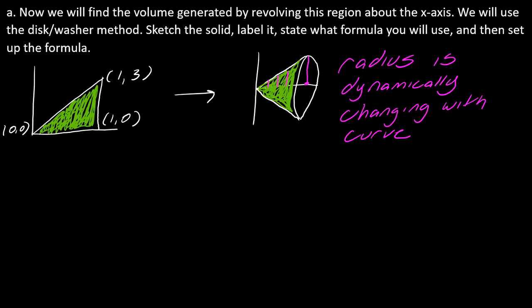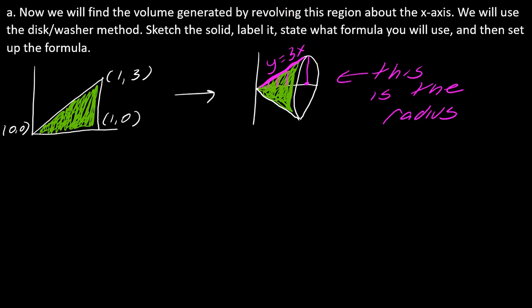So the radius is also dynamically changing with the curve. This is another thing you want to pay attention to. If you get confused by this, you can always draw a few radii. And as you can see, bigger, smaller, smaller, even smaller. So we can have a radius that works like this. And of course, this line here is the line y equals 3x. So y equals 3x is what dictates the length of that radius, okay?